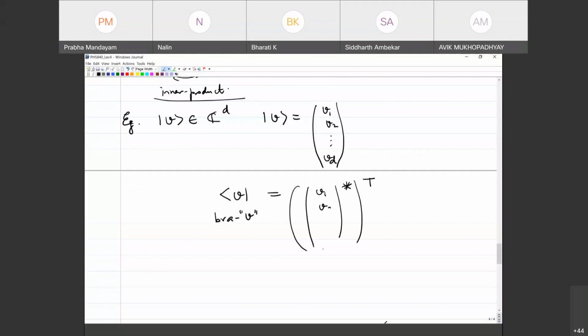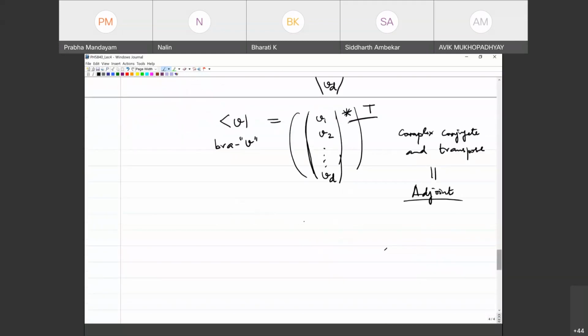Since we are working with a matrix representation, we define the dual space via this matrix operation, which is a combination of complex conjugate and transpose. This combination is often referred to as the adjoint of a matrix, and it is denoted by this dagger symbol.